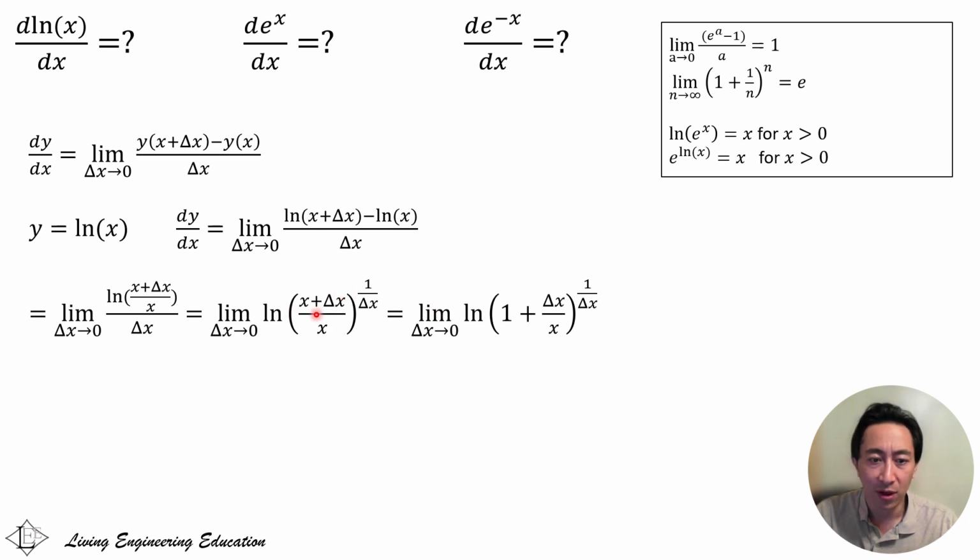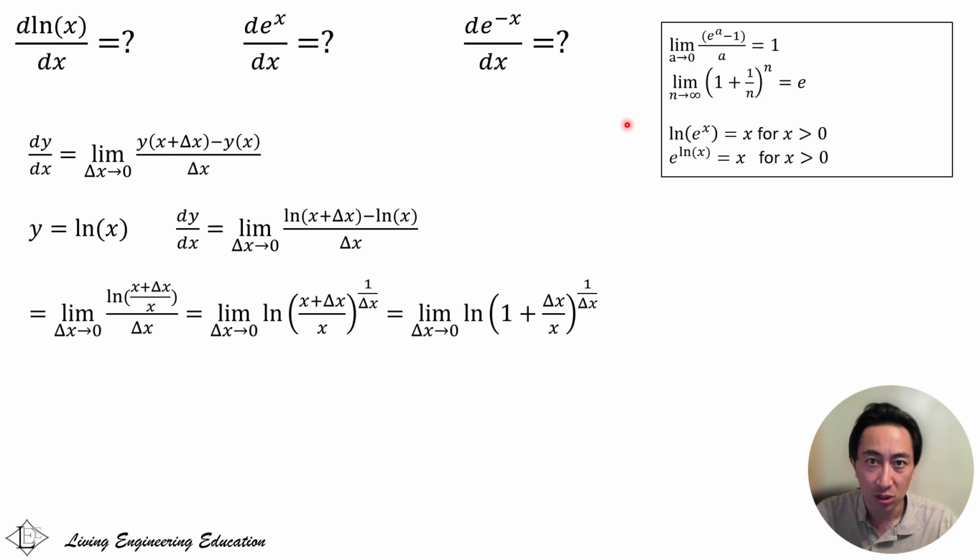And then we could simplify what's inside this natural log as x over x is just 1, and then delta x over x, right? That's how we get this form here. And essentially what we're going to try to do is take this form and grab a natural log e term from it. Okay, so we're going to try to make it look like this property here.